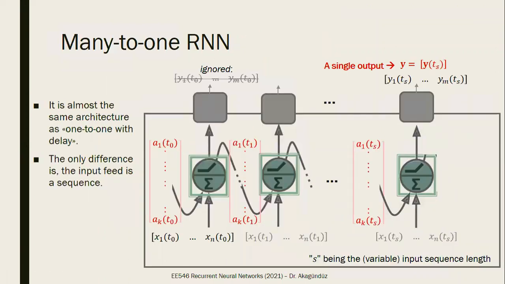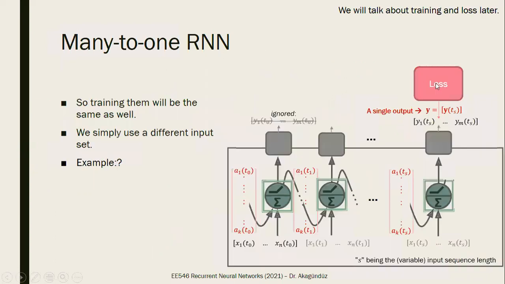Many-to-one. And this one also looks like the one-to-one with delay example, because in one-to-one with delay, we were feeding an input and waiting for a single output, right? And we were ignoring the rest of the output. Ignoring meant that the loss function was taken for only the last output.